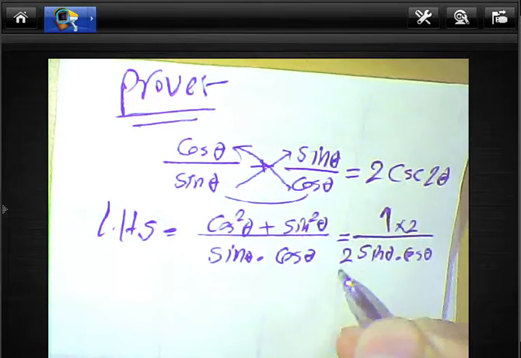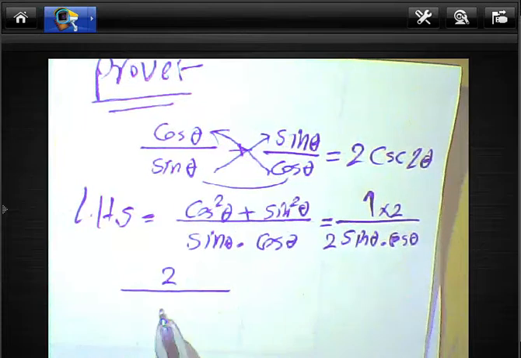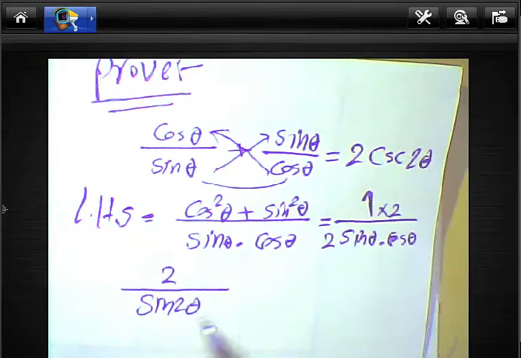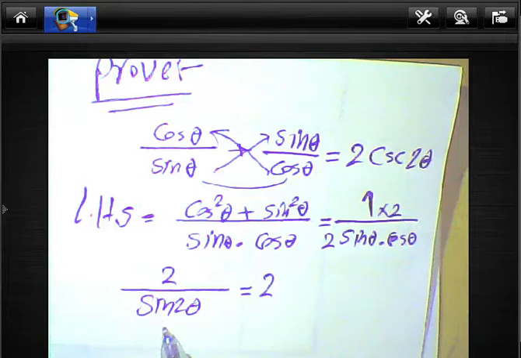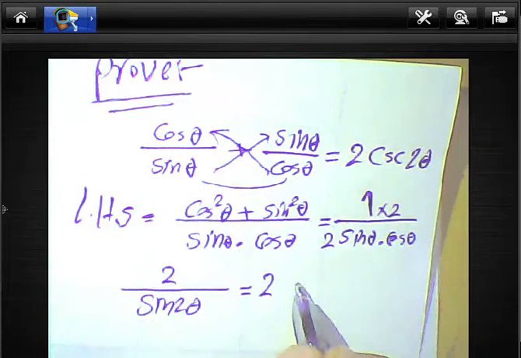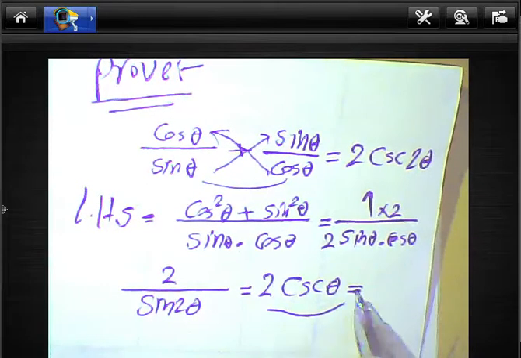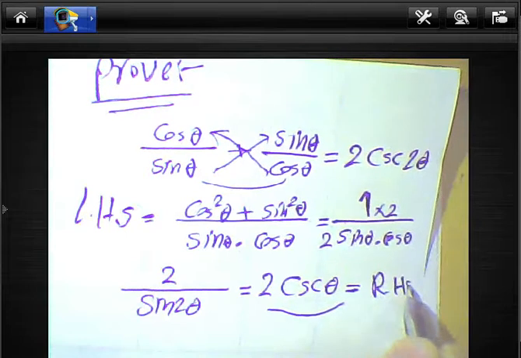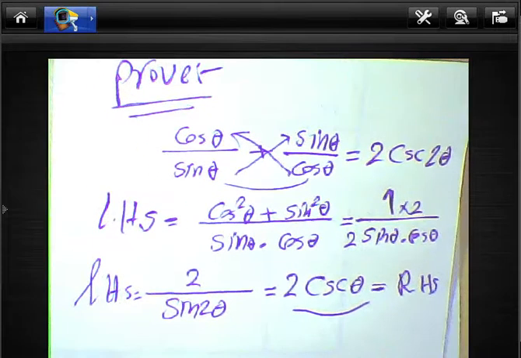The result will be 2 over 2 sine theta cosine theta, which equals 2 over sine 2 theta. We know the inverse of sine is cosec, so the result will be 2 cosec 2 theta, equal to the right hand side. So the left hand side equals the right hand side.